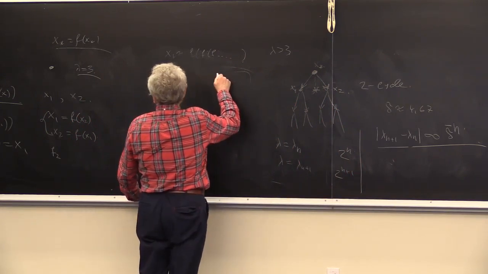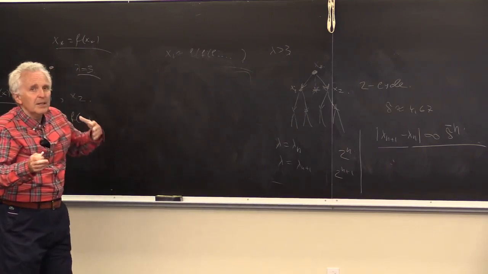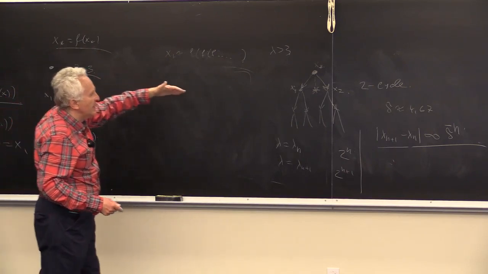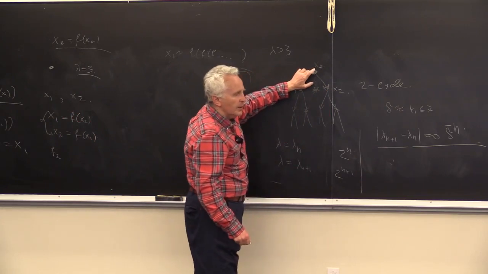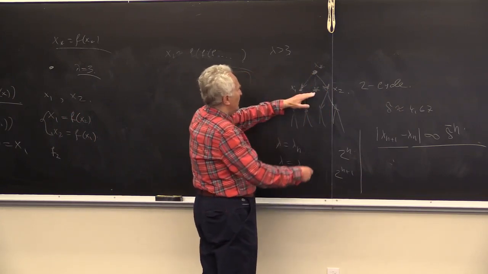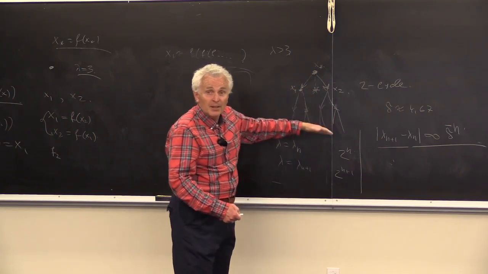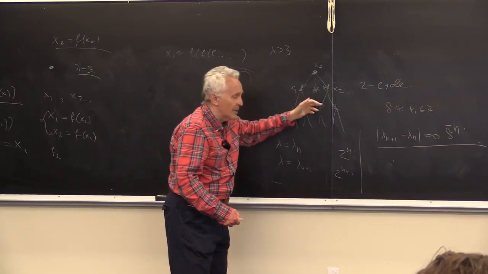This solution is still there. It's just like with laminar flow. The solution is still there, but it is unstable, and the physical solution is the two-cycle. Instead of the fixed point, we have the two-cycle. But the remnants of the unstable fixed point are still there, between those physical points.